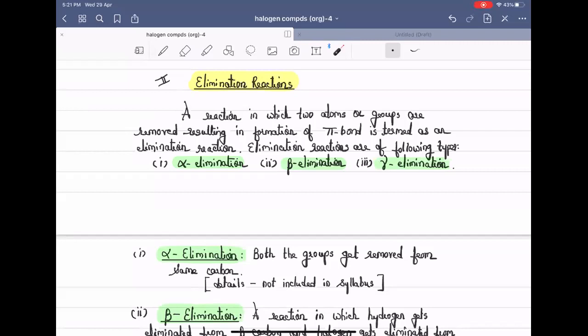Here, the elimination reactions can be of three basic types: alpha elimination, beta elimination, and gamma elimination. So our textbook has given a simple beta elimination. Again, I would be talking about alpha elimination, but not now.